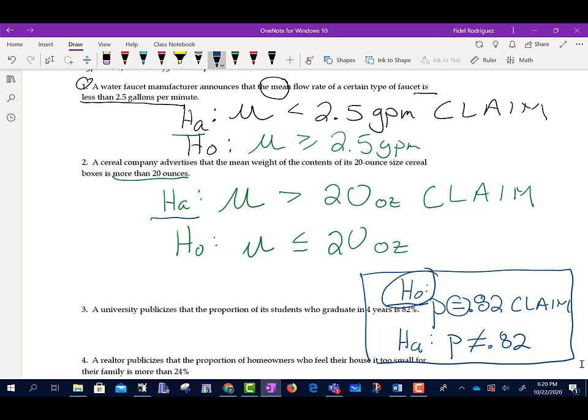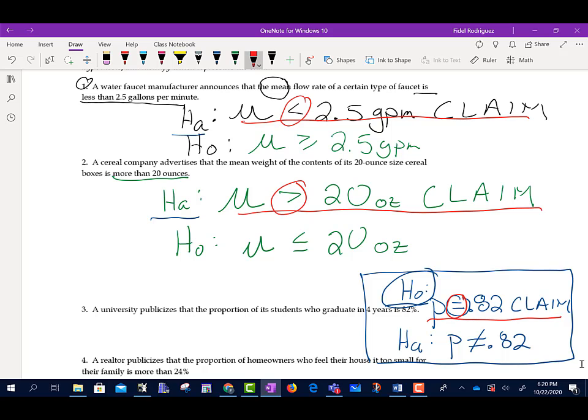The first thing I want you to notice in every one of these problems is that the first thing we did was write down our claim. That was the first part we wrote down. And then once we got our claim, we were trying to figure out, was that claim my alternate or my null? The way I look at it is I look at what symbol I wrote down, okay? So if you notice here, I have strict inequalities.